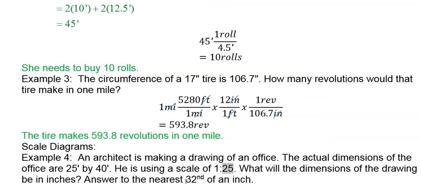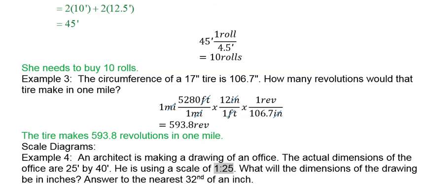So this is actually a pretty large drawing, right? Because some drawings you might have 1 to 2,500. So we're going to take our actual lengths and we're going to convert them to our drawing lengths. So since we have no units here, we can actually put any units within this 1 to 25.